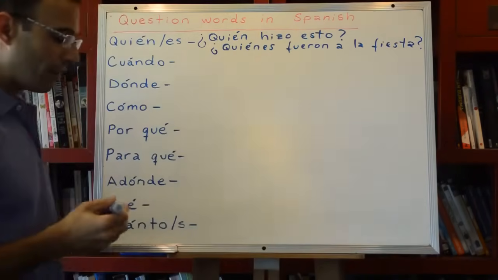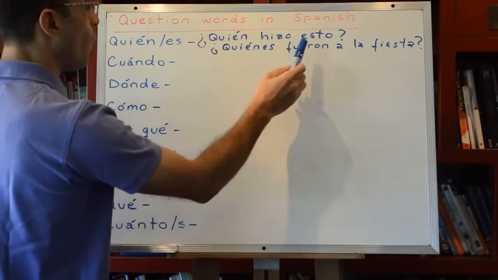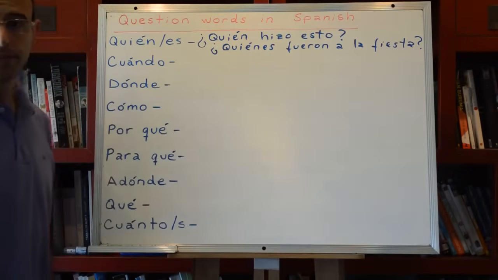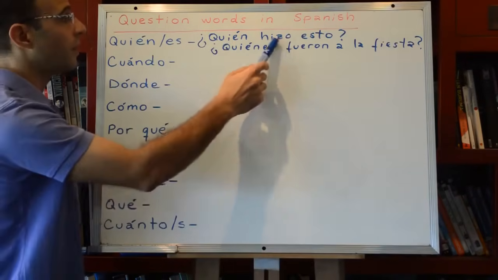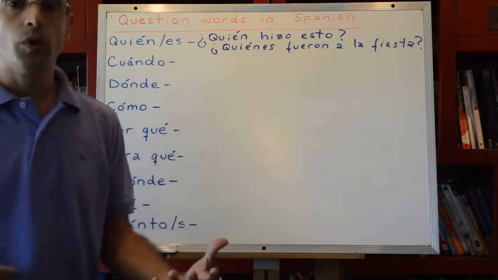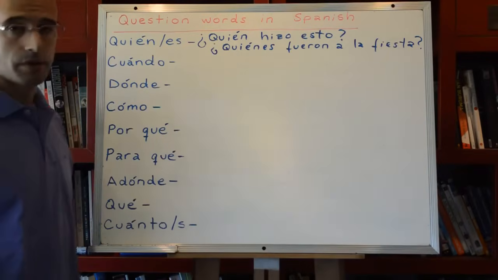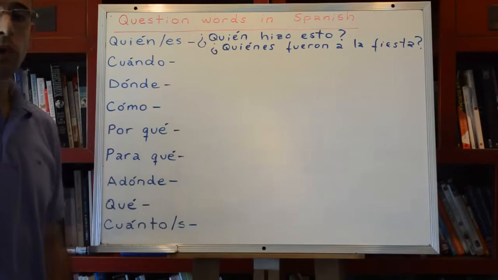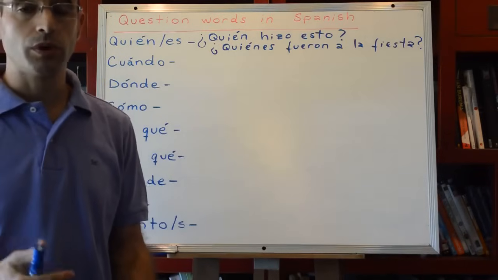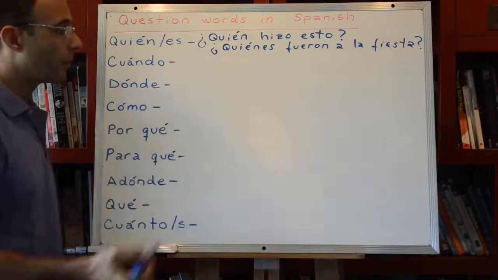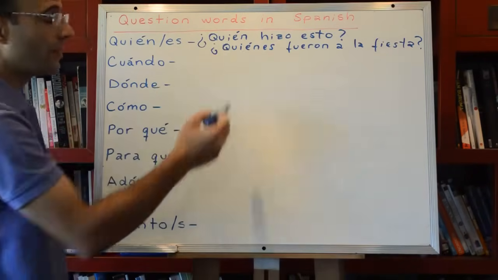Who went to the party? Okay, so ¿quiénes is plural, so we're asking which persons went to the party. If we know only one person went to the party and we want to know which person went, we ask ¿quién? Okay, so ¿quién or quiénes is who.